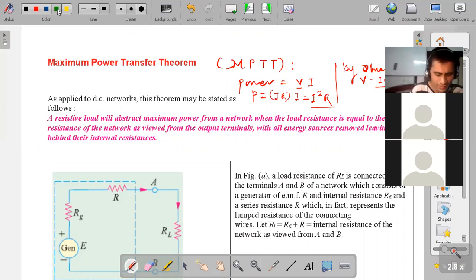Now, this theorem is applied to which type of network? DC network.